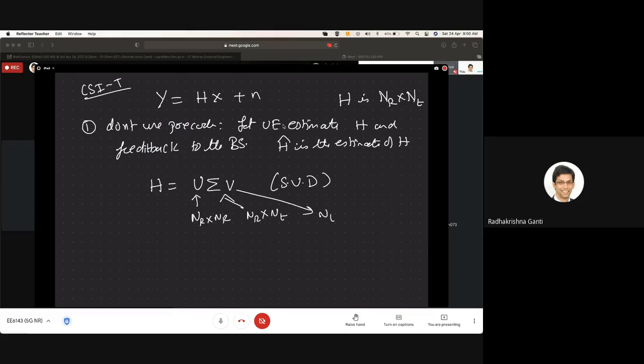V will be an NT cross NT matrix. There's some speciality of U and V. U is an orthonormal matrix. What that means is U Hermitian is the inverse of U. U Hermitian U is equal to I, and similarly V Hermitian V is equal to I. So if you want to find the inverse of U, all you have to do is take the Hermitian of that, and that will automatically become the inverse.